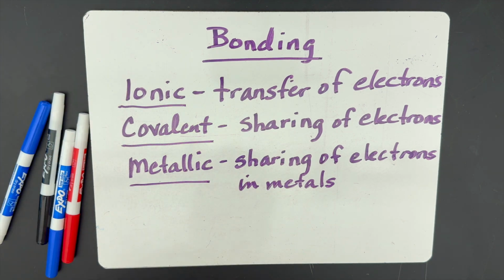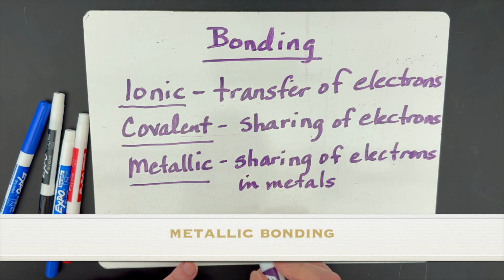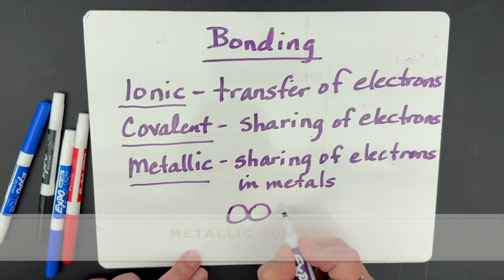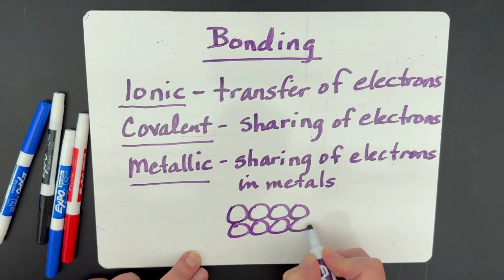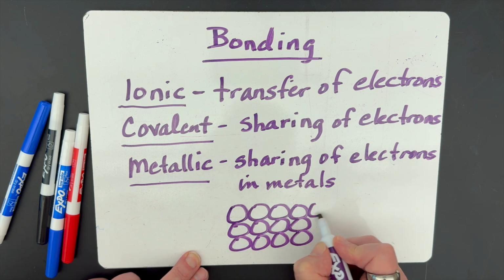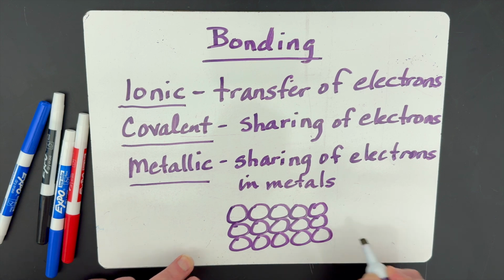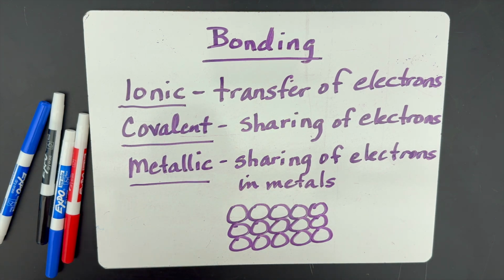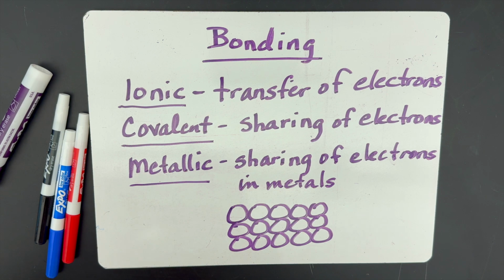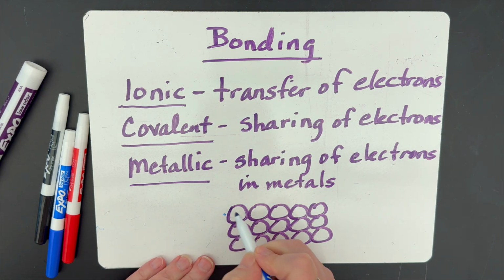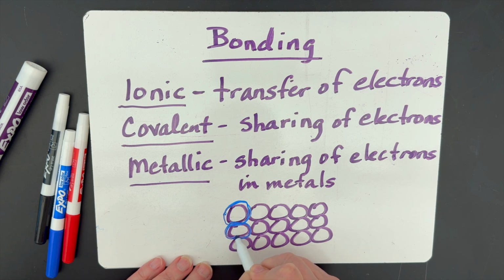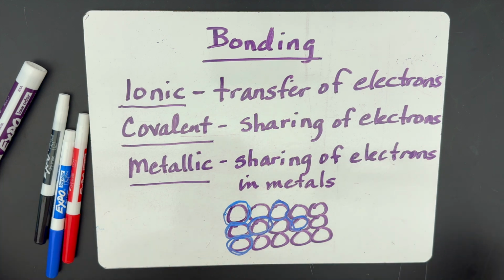So these are our three types, and I'm really going to be focusing on the top two, ionic and covalent. For metallic, basically you have metal atoms in a crystal situation, packed in if it's in its solid form, and the outer electrons are held very loosely, so this electron can move around this atom, move over to this atom, and just keep moving all through, and they're all doing this.